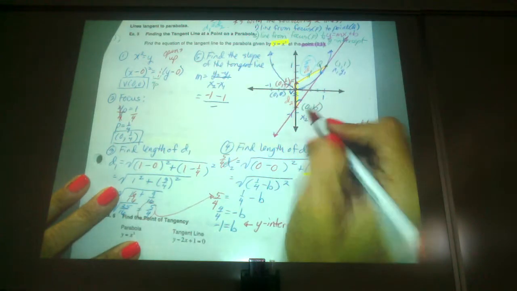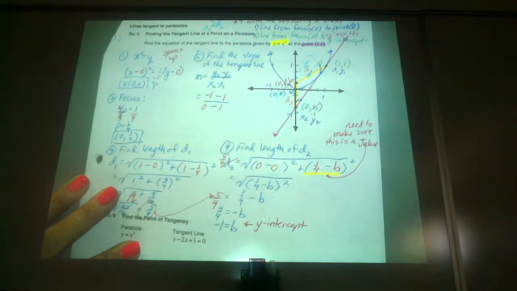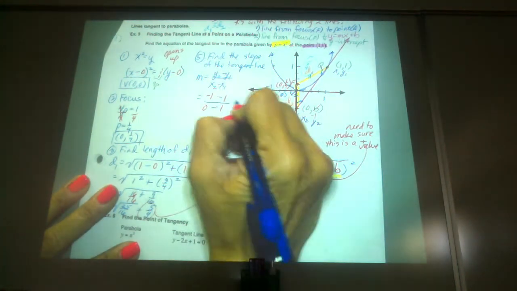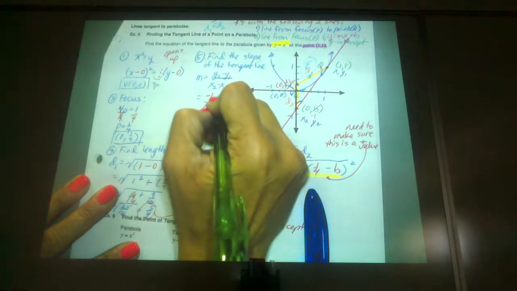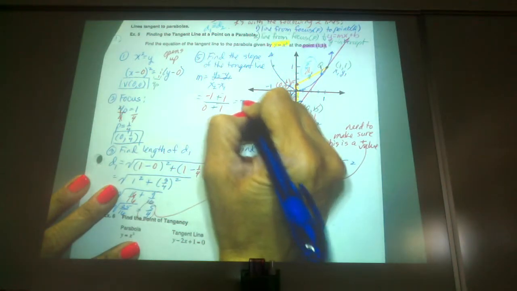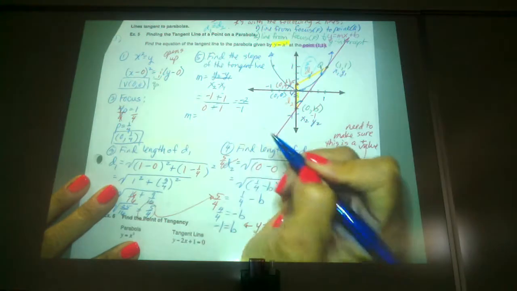My x sub 2 is 0, and then I'm going to subtract the other x sub 1, which is 1. So for my slope, add the opposite in both places. I get a -2 over a -1. What is my slope? +2.